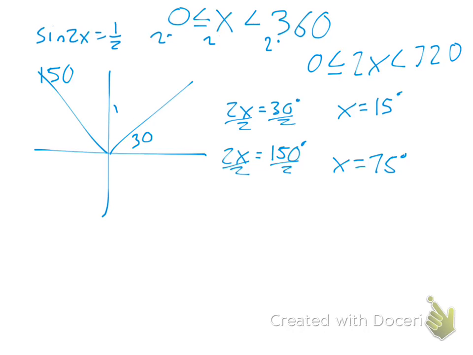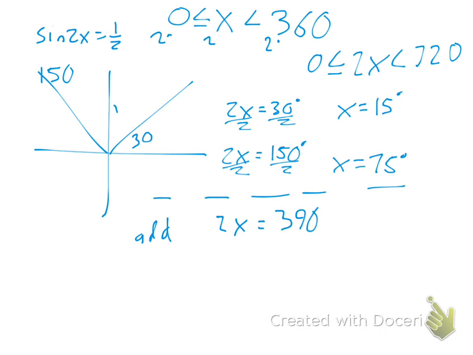But I could start here, or say go to 30, and add 360. If I add that 360, 2x would equal what? 360 plus the 30 is 390.